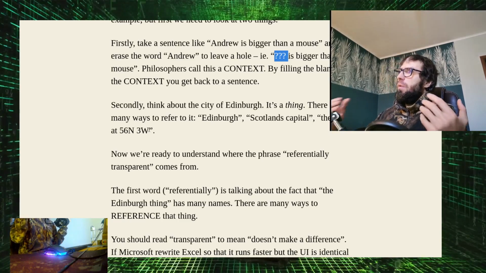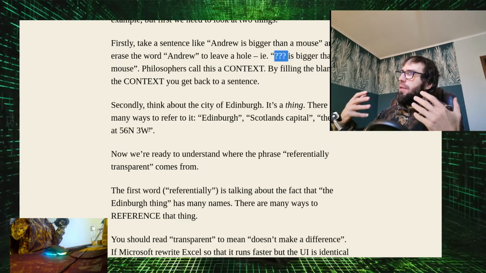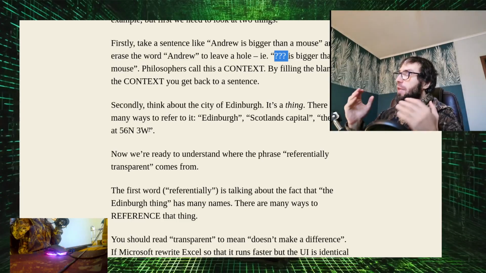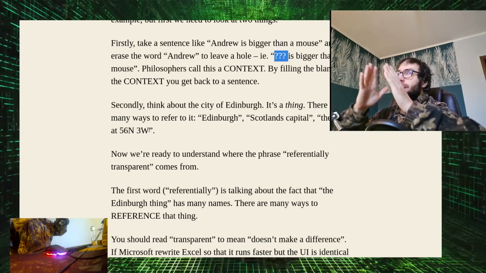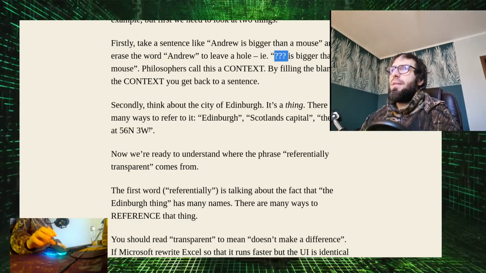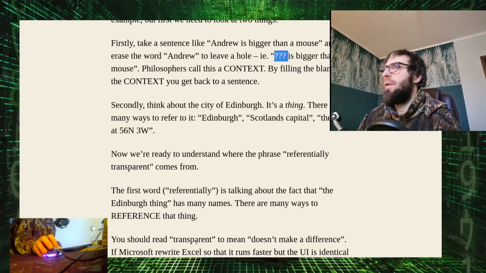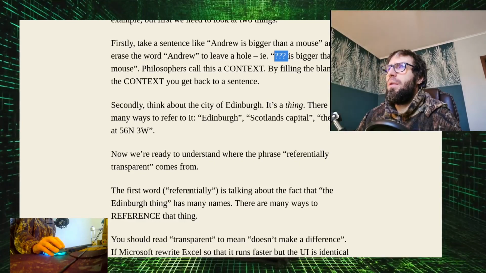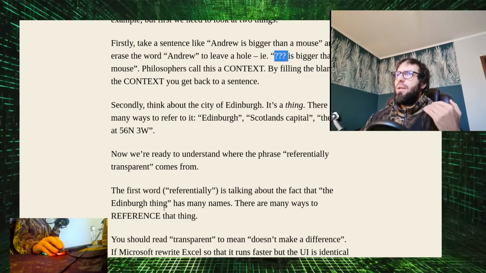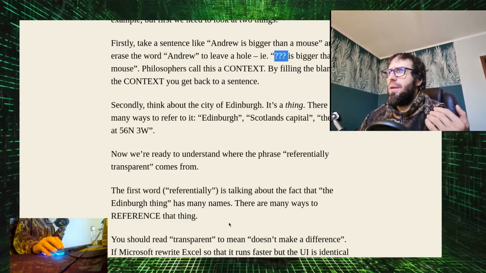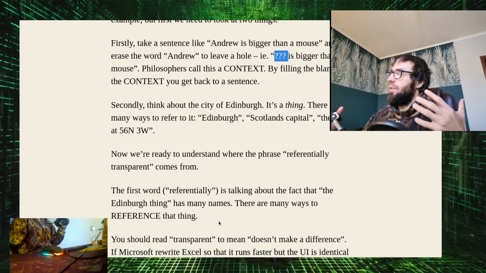And all these expressions represent the same thing. So the word referentially is talking about the fact that the Edinburgh thing has many names. There are many ways to refer to that thing.